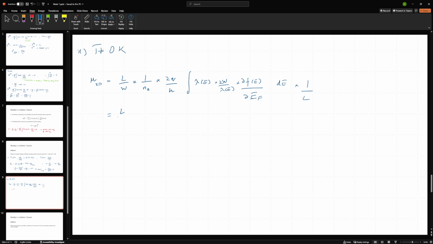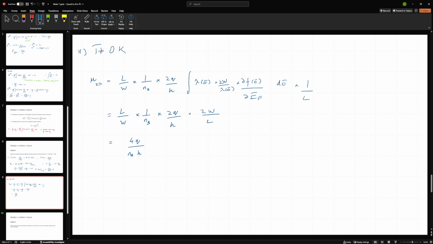So in spite of the apparently complex form of this integral, we are left with 2Q upon H into, these two cancel out, 2W upon L. So everything cuts out, and we shall have 4Q upon NS into H.